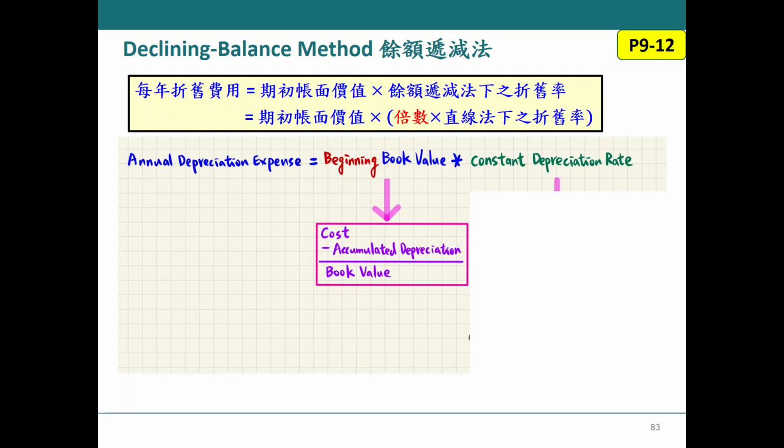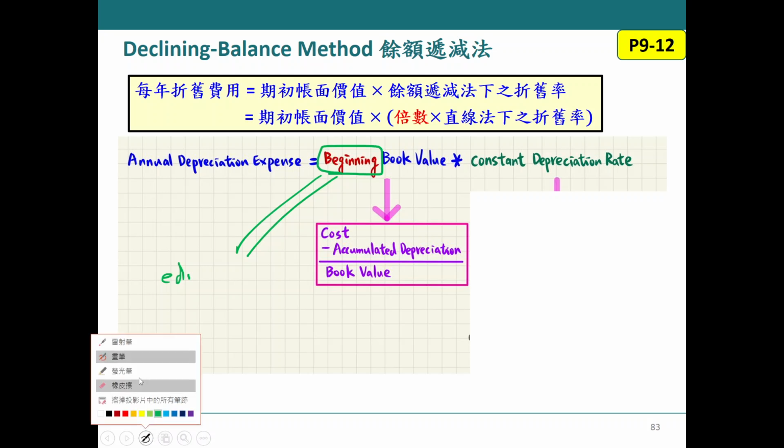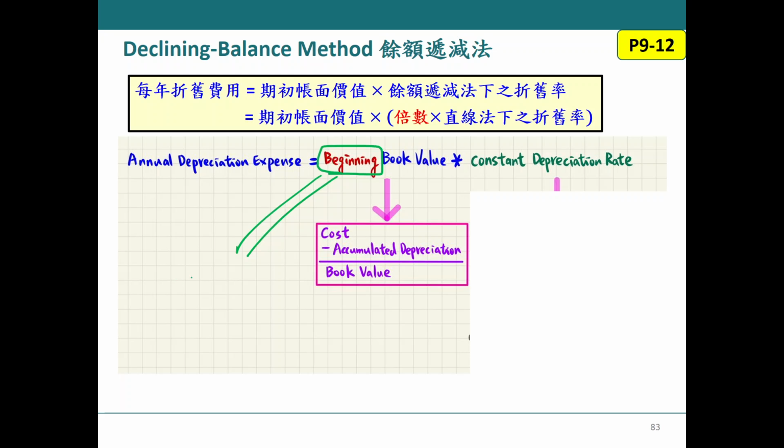How about beginning? Beginning is the first day, right? So beginning means the ending book value from last year. So you can get the number from last year. Ending book value from last year. 去年期末账面值.